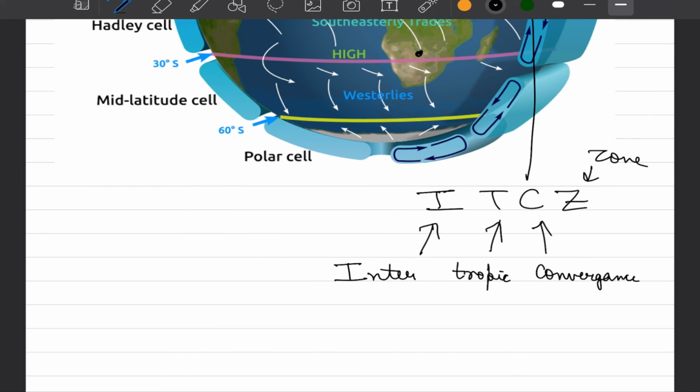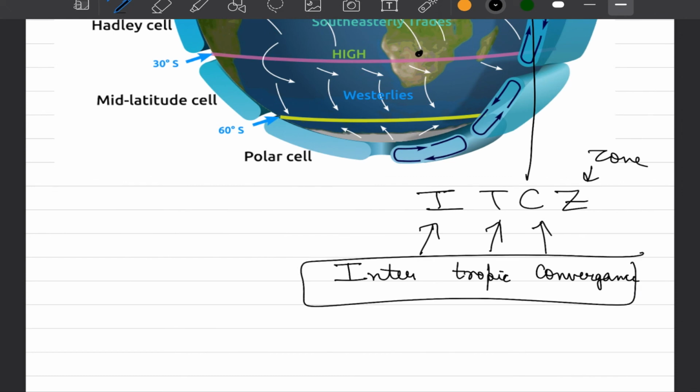What this means is that wherever convergence is happening from both tropic air coming in, wherever that meets, that becomes an ITCZ. And this ITCZ is a very important phenomenon when it comes to explaining the origin of monsoons.